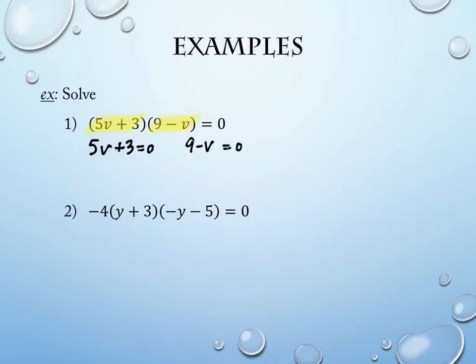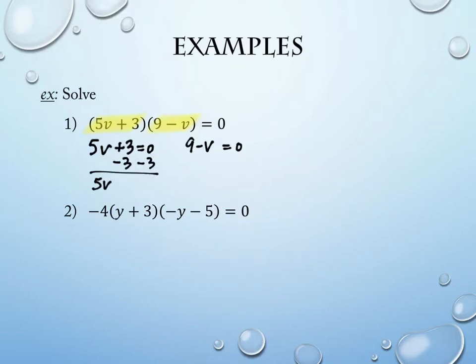So you have 5v plus 3 equals 0, and 9 minus v equals 0. And at that point, they're just linear equations like we were working with in section 2.1. So we're going to add or subtract things, we're going to divide by things or multiply by things, and we're going to solve for the remaining variable. So we'll start by subtracting our 3.